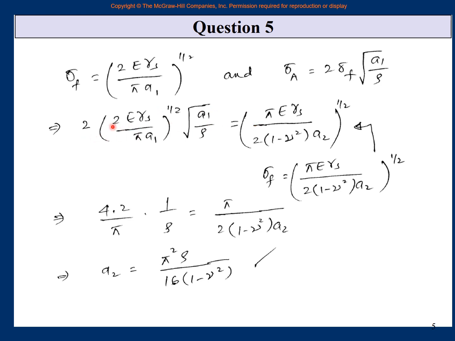If you square both sides to remove the square root signs, then this will be 4, this will be 2, this will be pi, this will be 1 by rho, all the others will cancel out. So this is the equation. Then square the left hand side, square the right hand side, cancel all the E gamma s, and you will have these values. So from here a2 is equal to pi squared sigma upon 16(1 minus nu squared). This is the radius of that penny shaped crack.